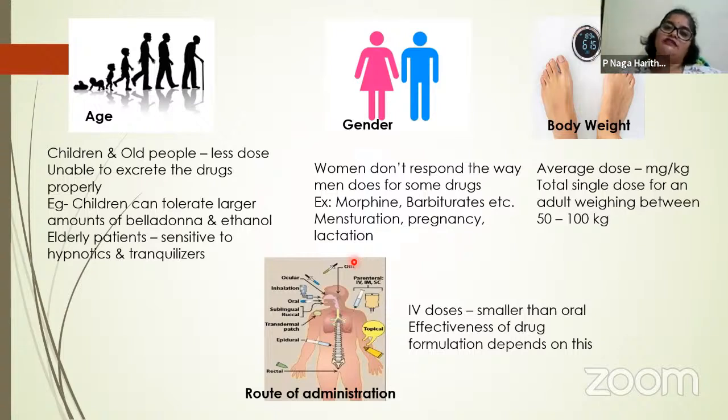However, the drug which is given through the oral route first enters into the stomach, then into the intestine, and then into the systemic circulation. So a long procedure is there for it to reach the systemic circulation. However, through IV, it is directly entering into the systemic circulation. Clear? So that is why, depending upon the route of administration also, the dose differs.